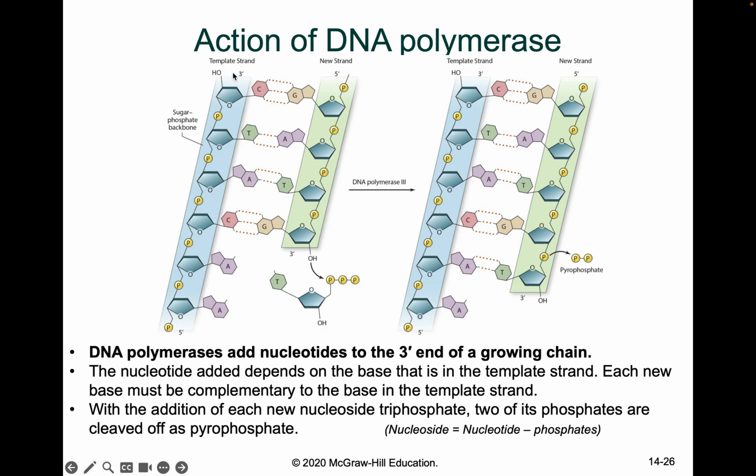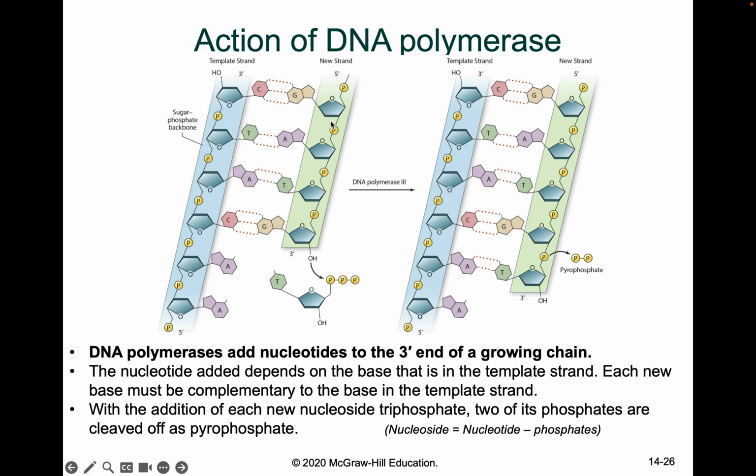Here you have a strand that's 3' and 5', so it's able to add. But if this was 5' and 3', it would be different. Again, DNA polymerase can only add nucleotides to the 3' end of a growing chain. So this is the growing chain, this is the 3' end.